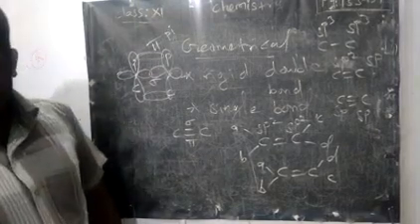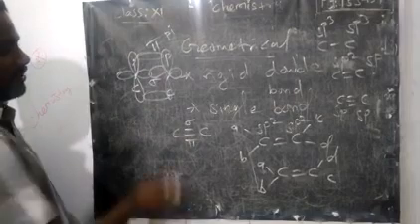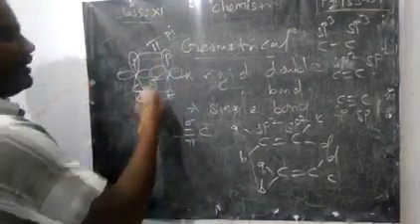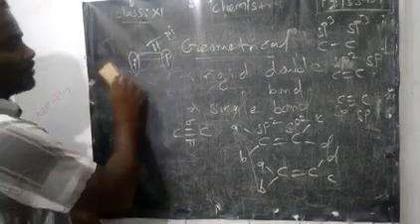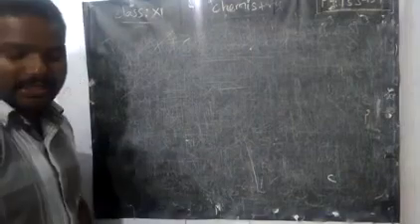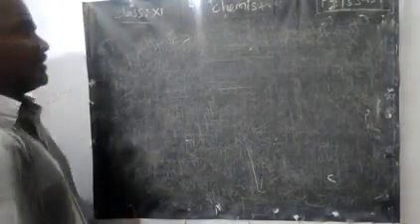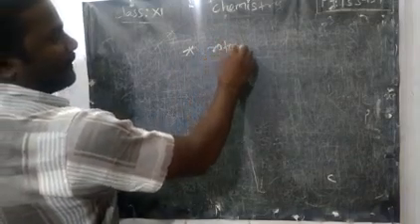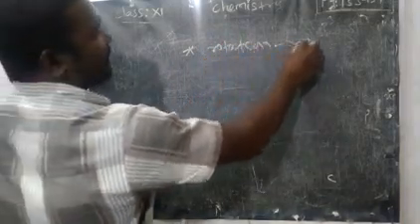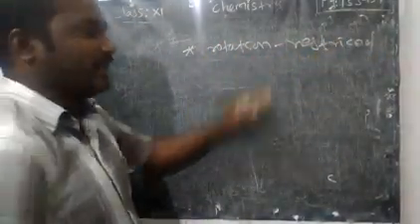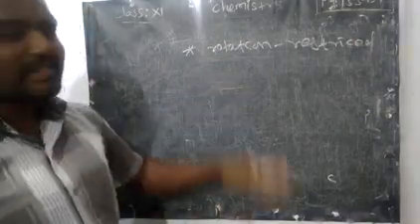Now we will see there is no rotation possible, because if only one bond is present we can rotate. Here rotation is not possible, so there is restricted rotation. What do you mean by restricted rotation? Rotation is not possible. Because rotation is restricted, the isomerism will take place. Okay, we will see the example.